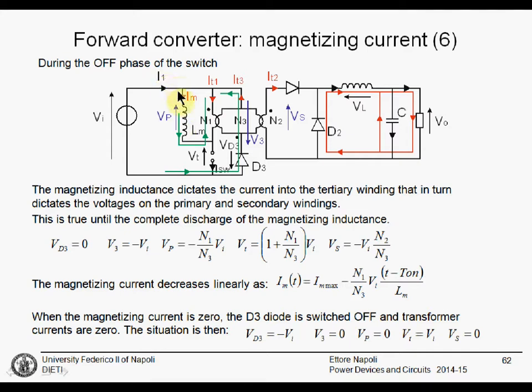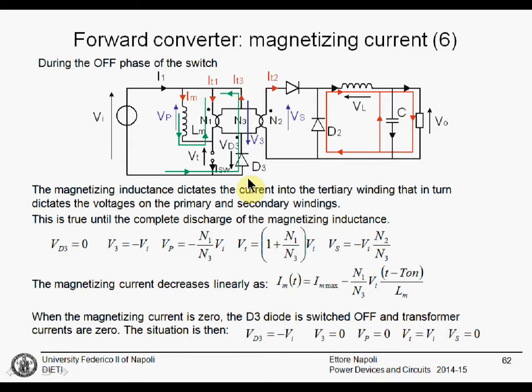When the magnetizing current that is flowing in this direction goes to 0, in principle, if everything was dictated by this inductor, it could go negative. If the voltage keeps being negative, the current could go negative. But a negative current here means also a negative current in IT3. And this means that this diode should conduct in the other direction.